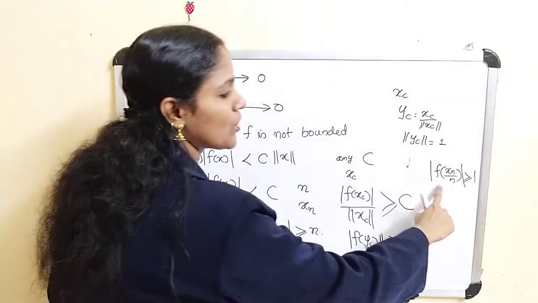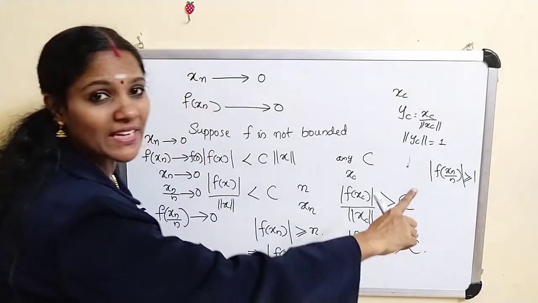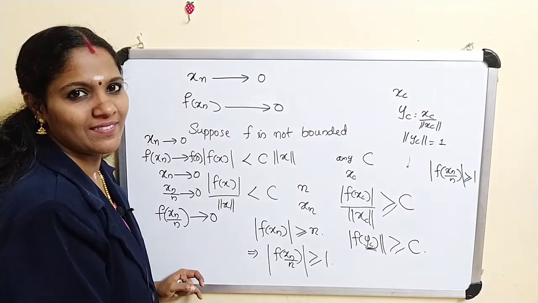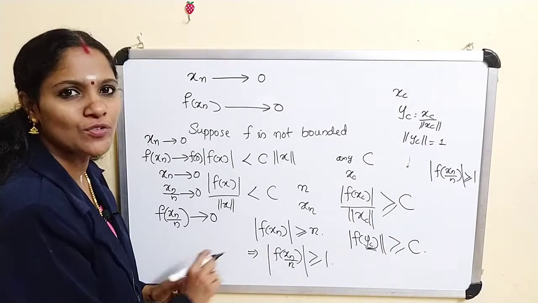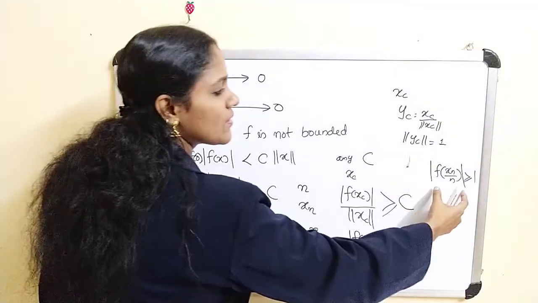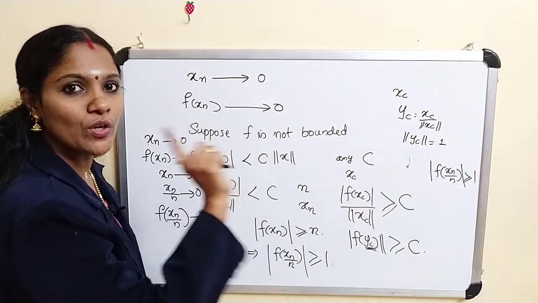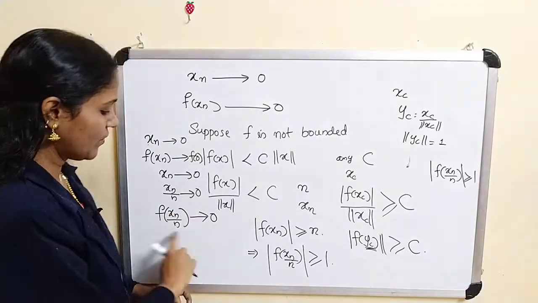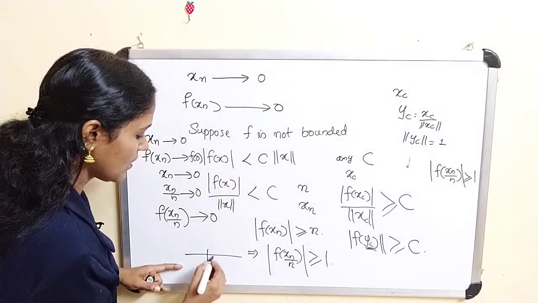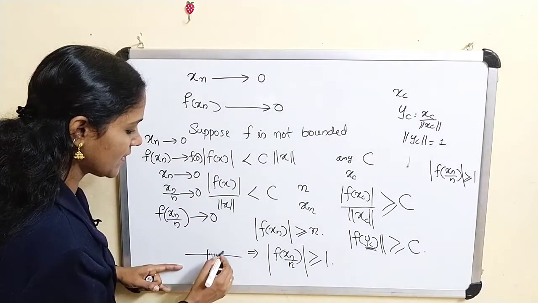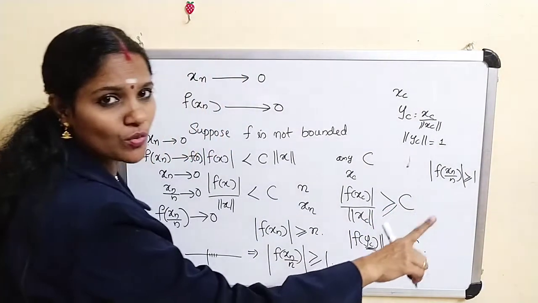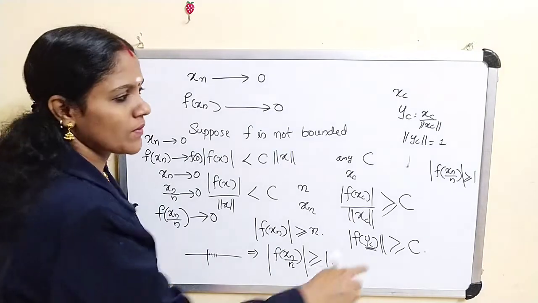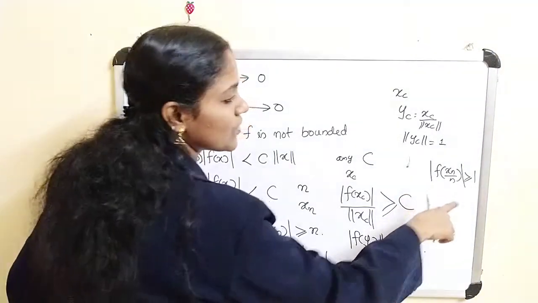But we get modulus of f of xn by n is always greater than or equal to 1. Therefore f of xn by n never tends to 0, because the modulus value is greater than or equal to 1. If this tends to 0, then each value must eventually be less than 1. But here the value is greater than or equal to 1, therefore this never converges to 0.